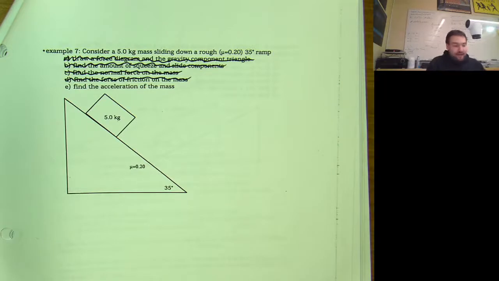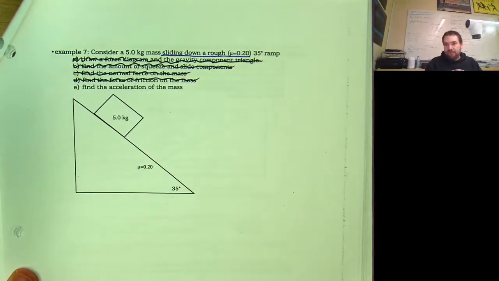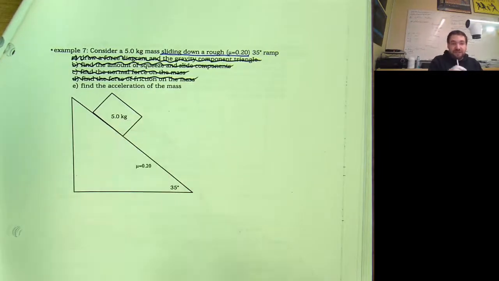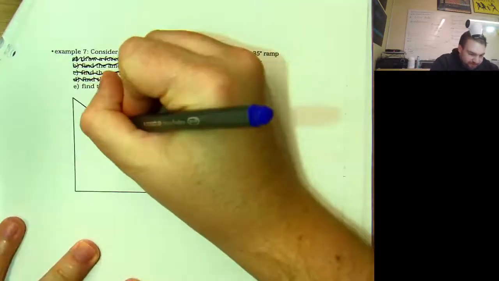So now we've got to add forces here. There's a few pieces of information that are important to recognize here. We know that this thing is sliding down a rough ramp. That tells us there's going to be friction, and it tells us the direction this object is moving in, which is going to tell us which way friction is acting. So we're going to draw our free body diagram here.